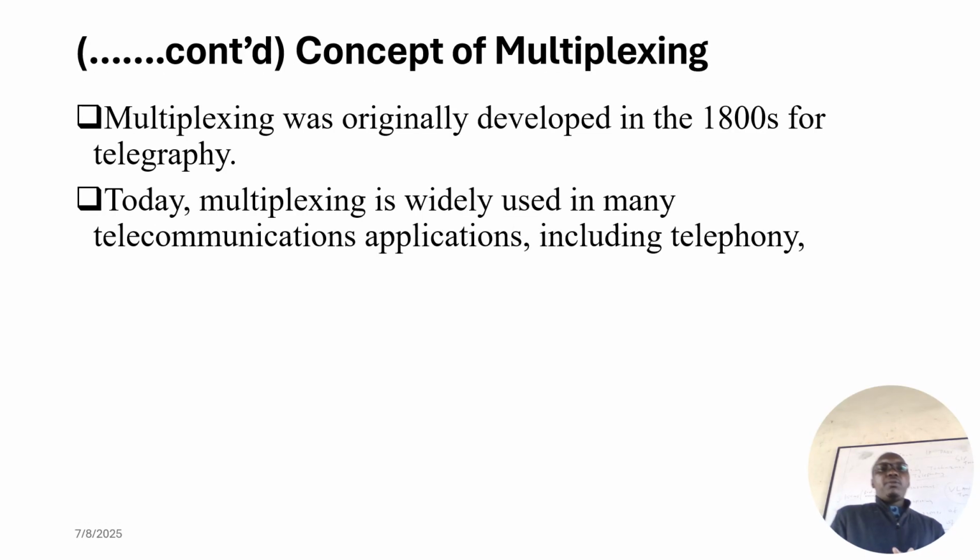So we can say multiplexing was originally developed in the 1880s for telegraphy. Have you ever heard about the issue of the cat with its tail in the US and the head in Europe? That is what telegraphy means.